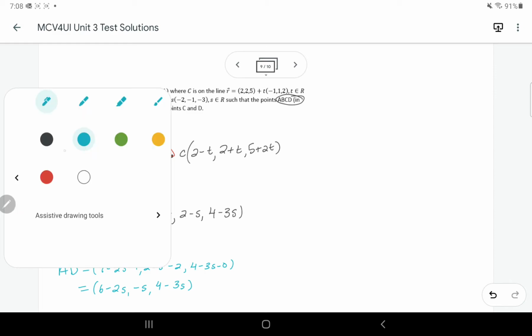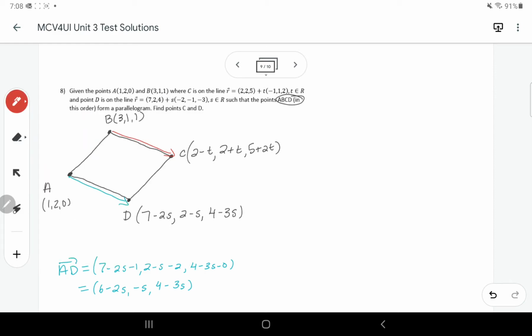And similarly, I'm going to do vector BC, which would be 2 minus T minus 3, 2 plus T minus 1, and 5 plus 2T minus 1. And that will simplify to negative 1 minus T, and 1 plus T, and 4 plus 2T.